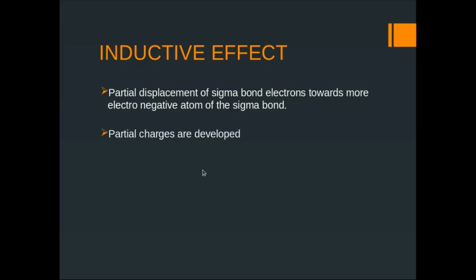Partial charges are developed: delta minus charge over the element which is more electronegative, and delta positive charge over the one which is more electropositive, or from which the bonded pair of electrons is removed. So simply we can say a dipole formation occurs in the molecule.